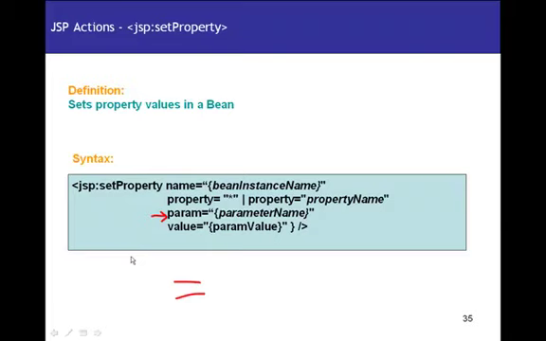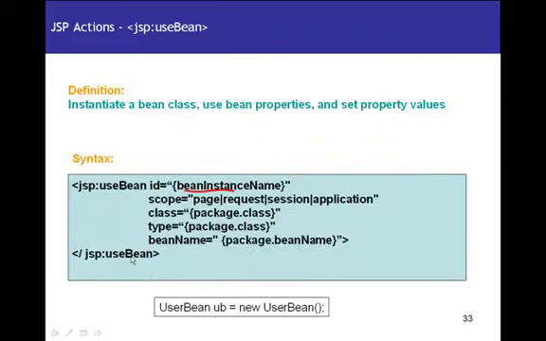So we said earlier that with this useBean action, if there is already a bean with this name instantiated, it simply gets the reference to that. But if it doesn't find anything, it's going to create a new object and instantiate that bean class.